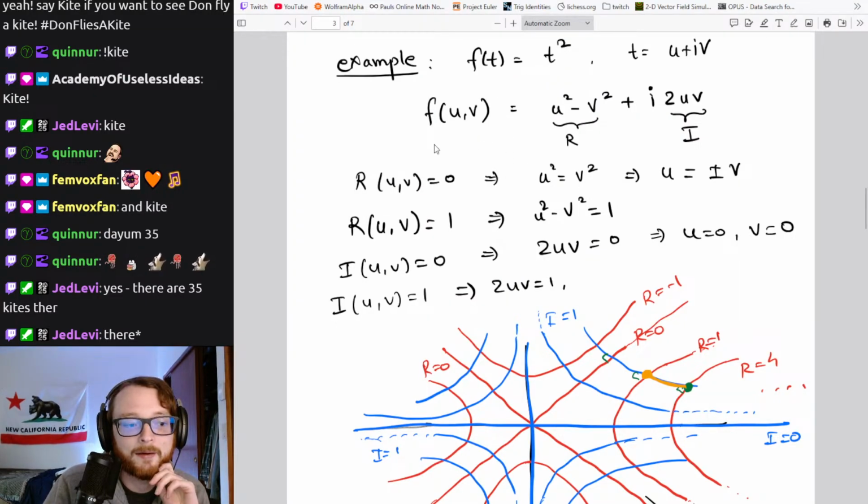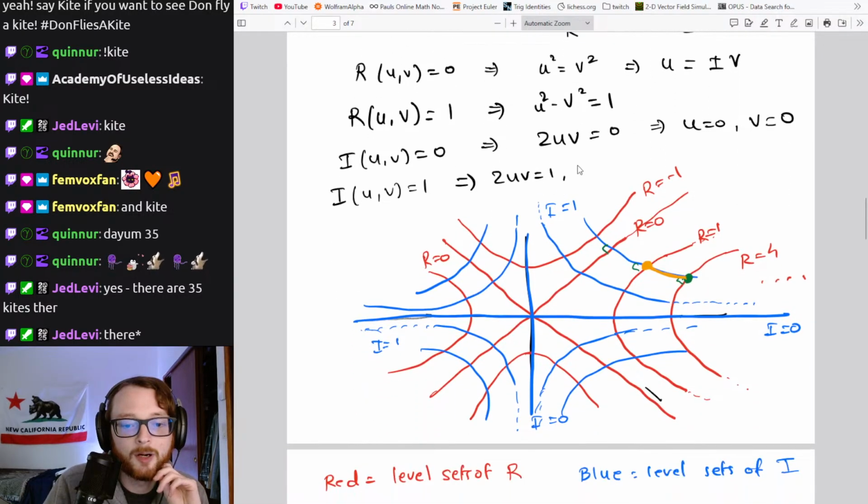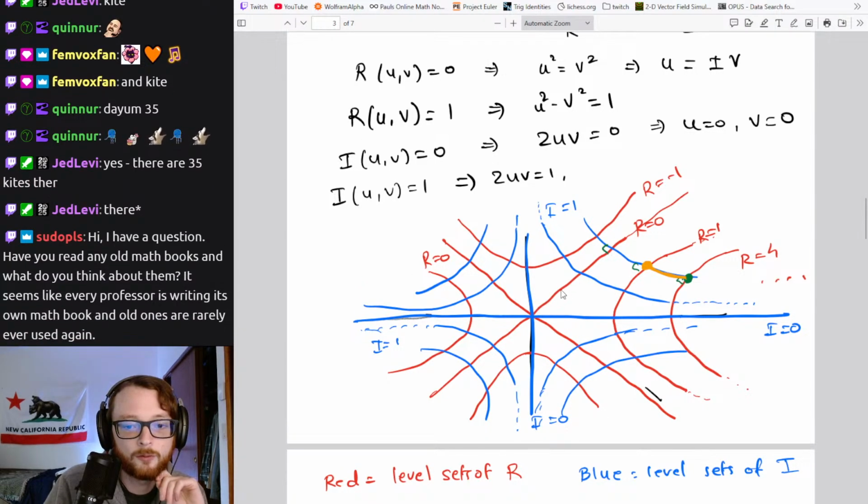So yeah, I have an example pulled up that we worked out in class. The function they were working with there was much simpler, just t squared. And you get these hyperbolas for your level curves. If you wanted to do the integral, say from 0 to 1, you can travel along this contour with r equals 0. So I guess we do travel along the one with constant real part.